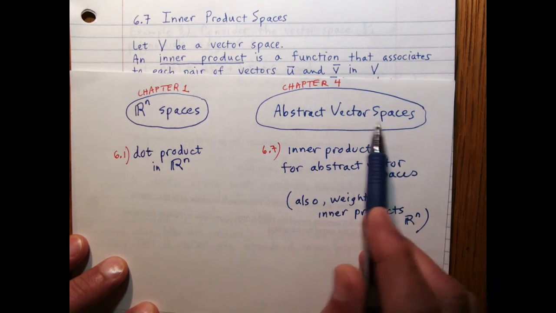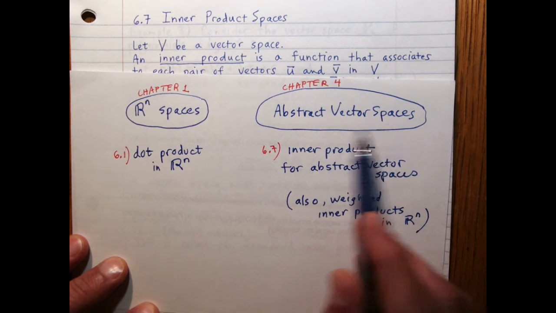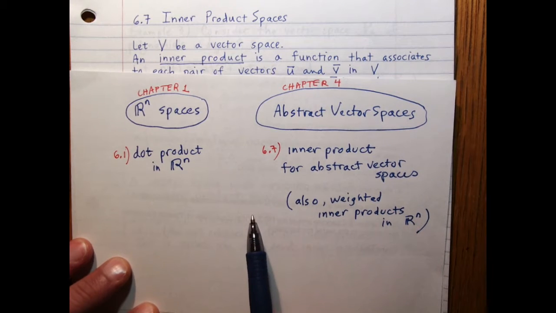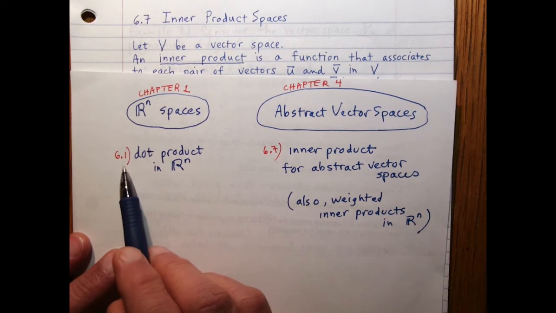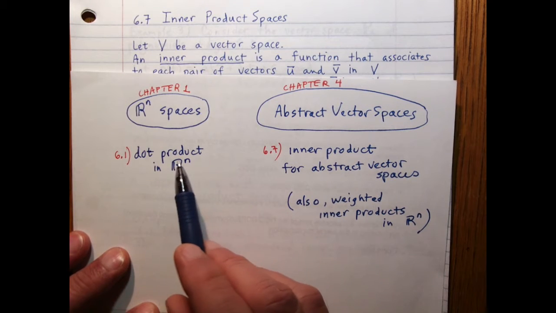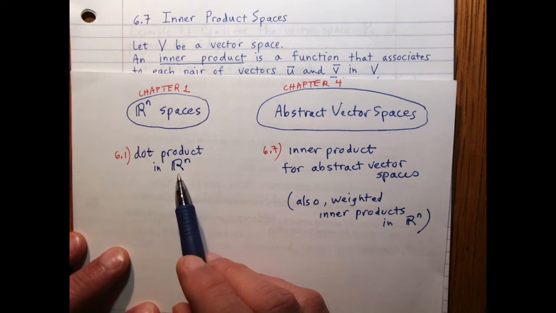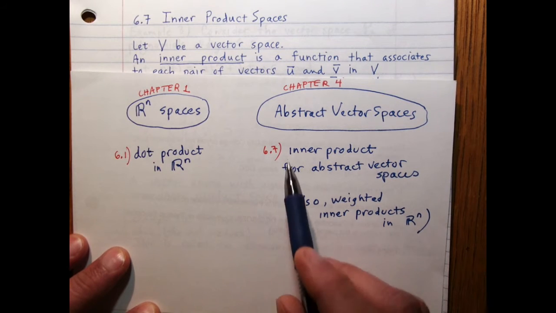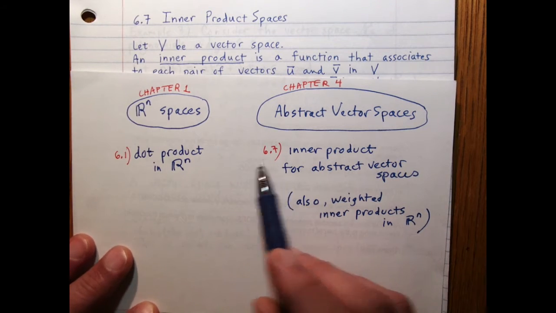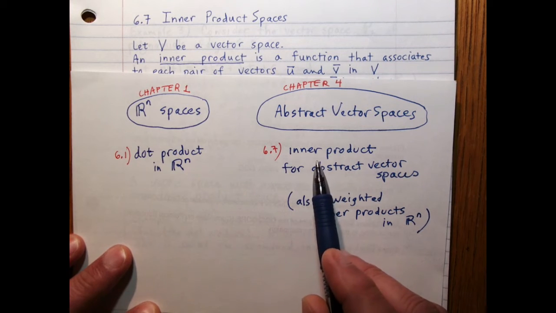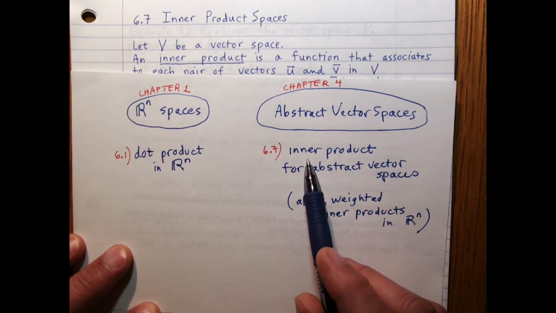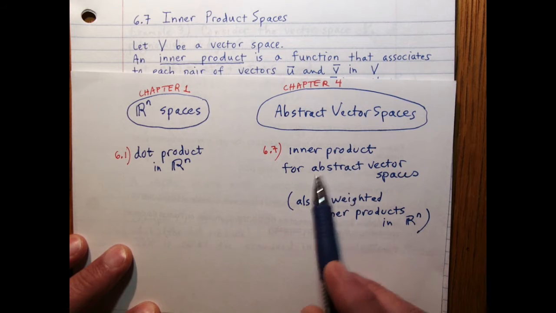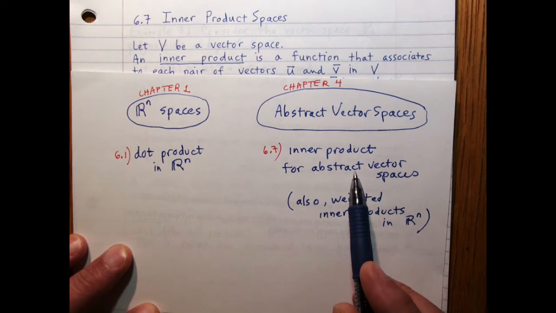We saw that there are other sets that can be considered to be a vector space, right? In the beginning of this chapter, in 6.1, we talked about dot product in Rn, and most of you are familiar with that dot product, I think. So that fits in with the Rn spaces from chapter 1. In 6.7 now, we're working analogously to dot product, but we're going to define this new inner product for abstract vector spaces.